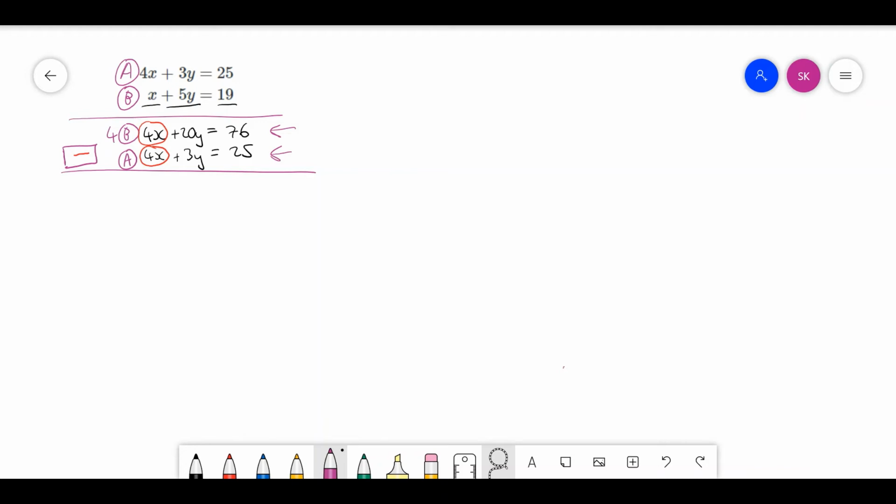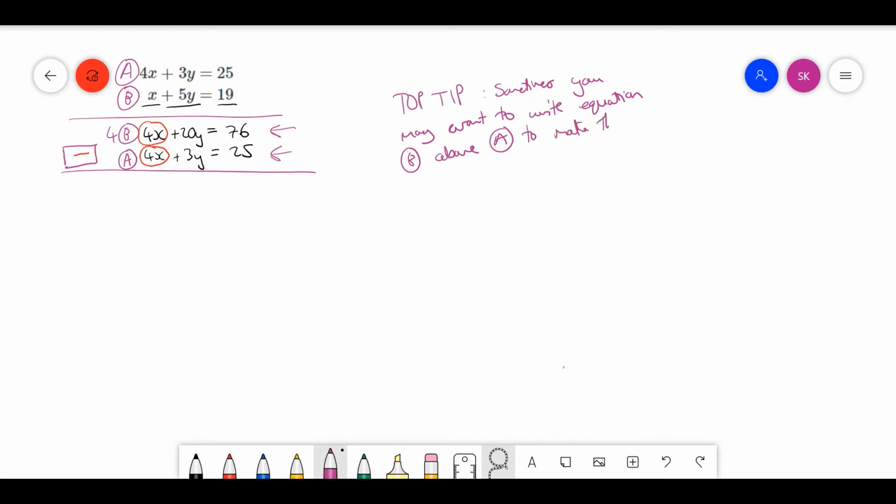So that's a top tip. Sometimes you may want to write equation B above A to make the calculation easier.